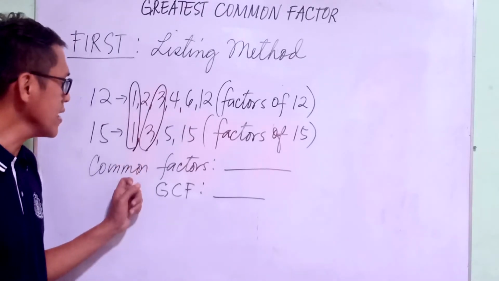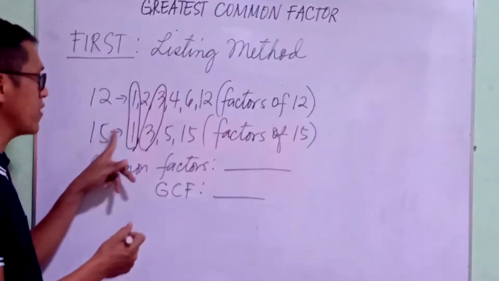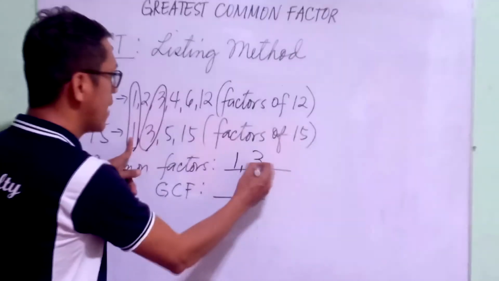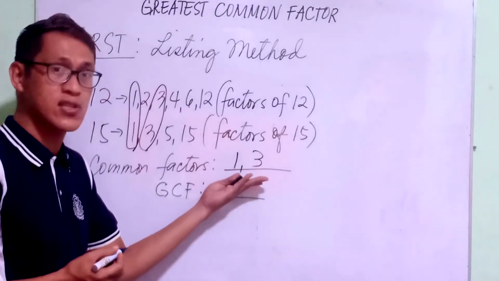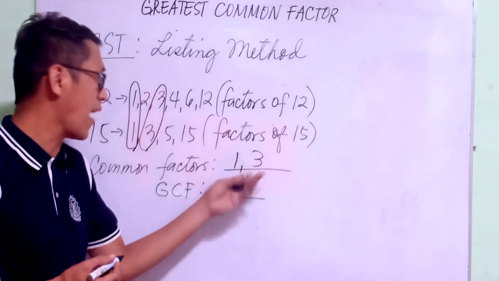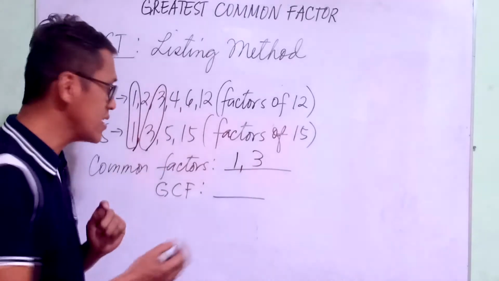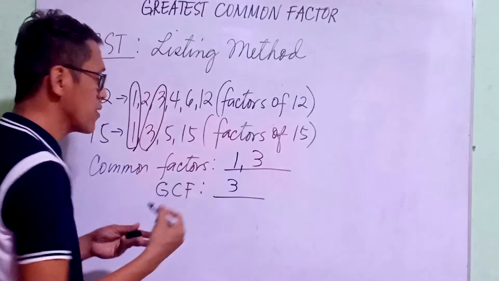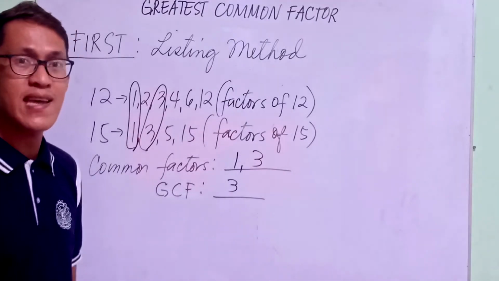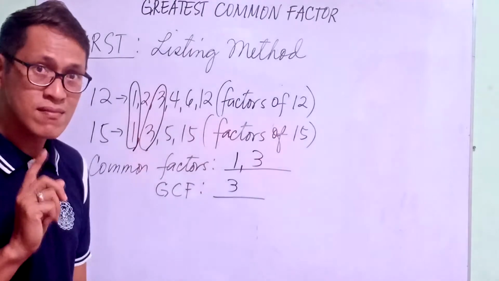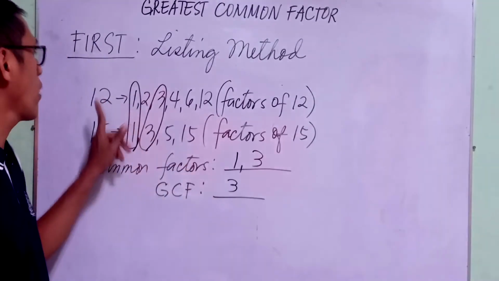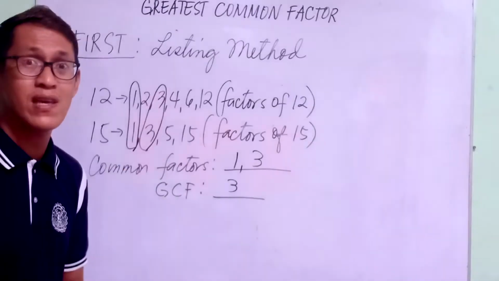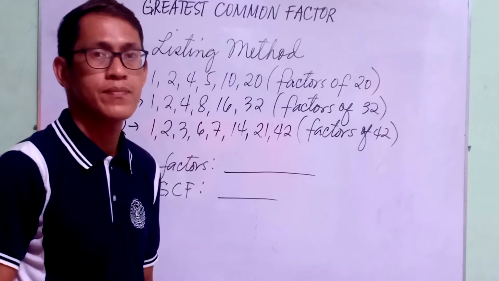So the only common factors of 12 and 15 are 1 and 3. And which is the greatest? Here there are only 2, so the greatest common factor is 3. And that 3 is our greatest common factor, or GCF. Meaning, 3 is the biggest divisor that can divide 12 and 15, leaving no remainder.